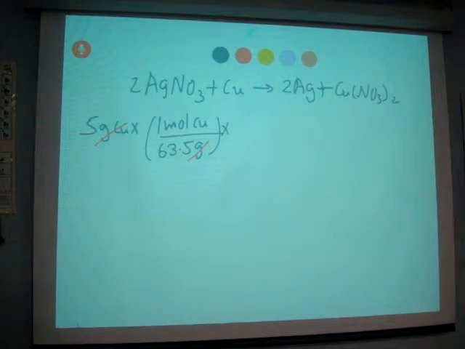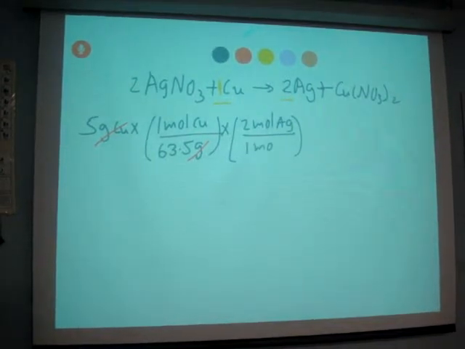When you look at the balanced equation, this is 1 and 2. 1 mole of copper used up produces 2 moles of Ag. So when you multiply, 2 moles of silver are produced when 1 mole of copper is used up.